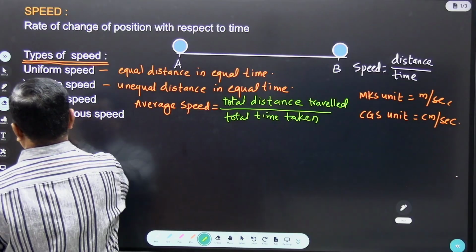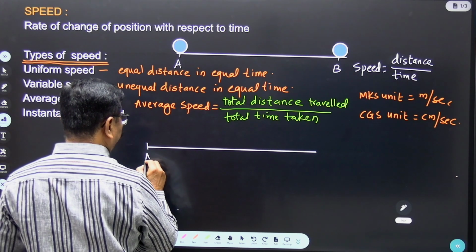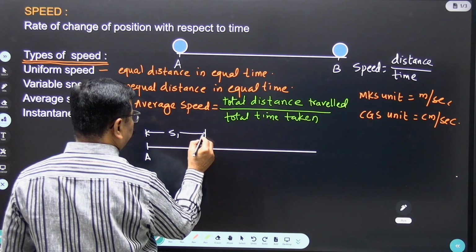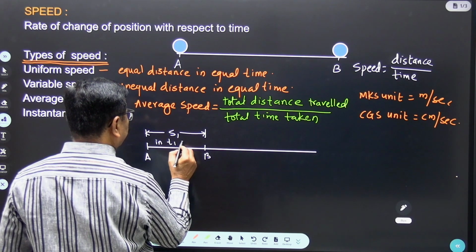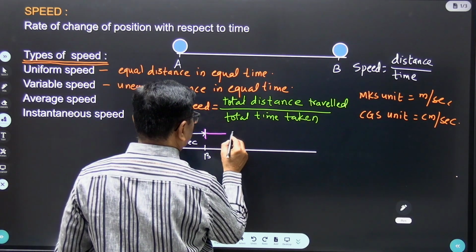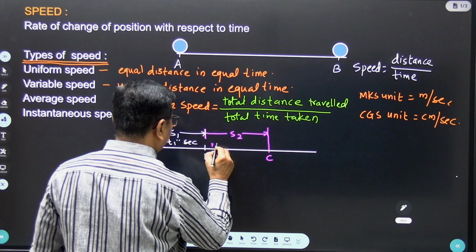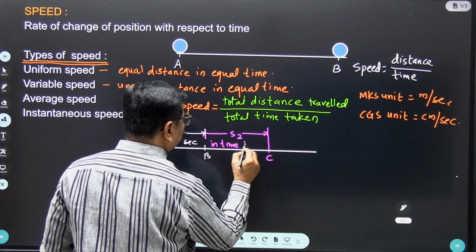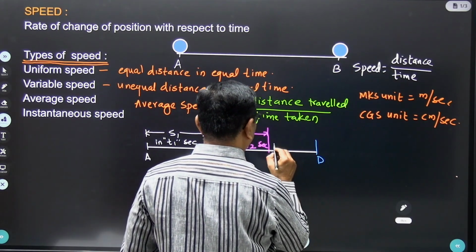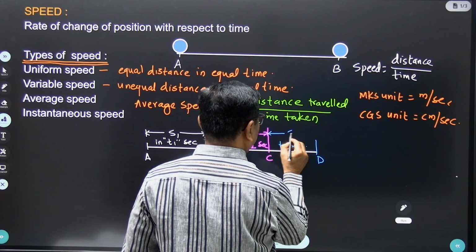Now let's take one example. Suppose a body starts moving from point A. It covers distance S1 in t1 seconds, and it covers distance S2 and reaches point C in t2 seconds, while it reaches D after t3 seconds, and distance CD is S3.